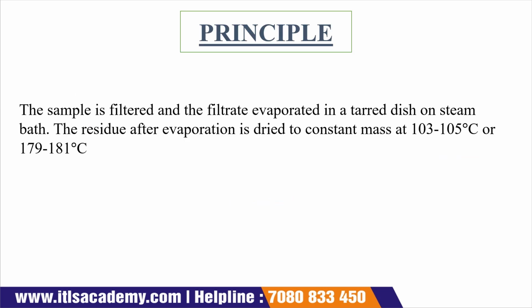Principle: the principle on which this experiment is based is that the sample is filtered and the filtrate is evaporated. What we have to do is take a sample and filter it.